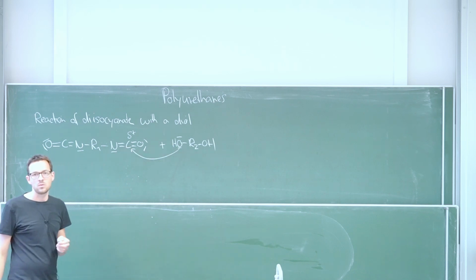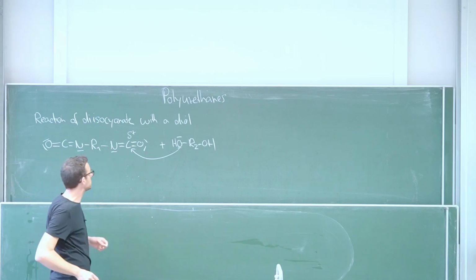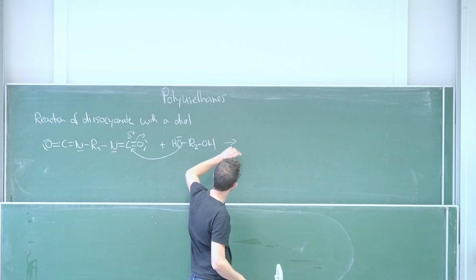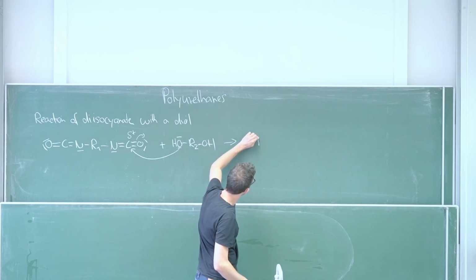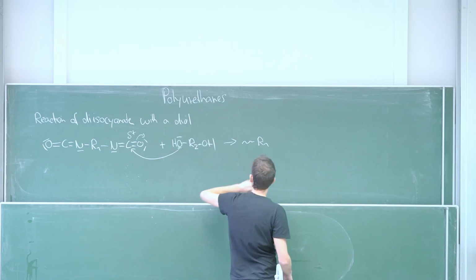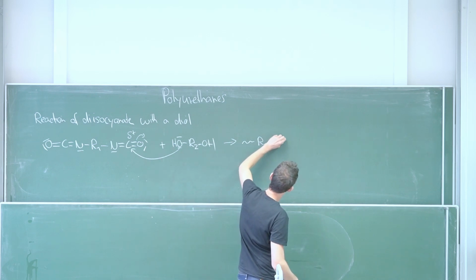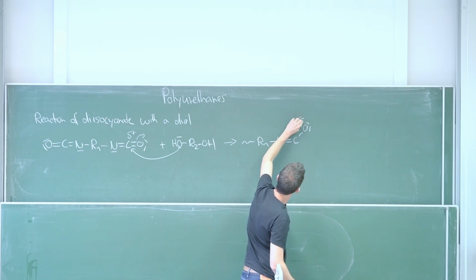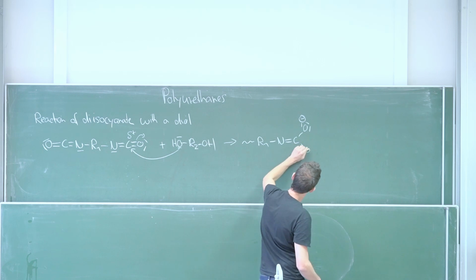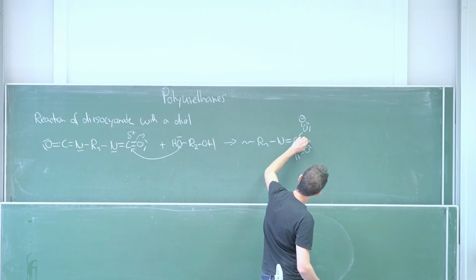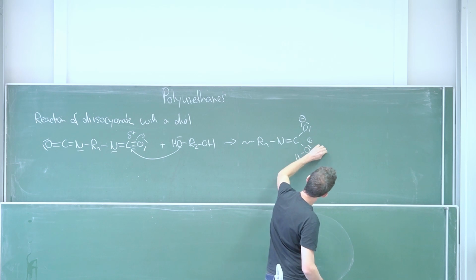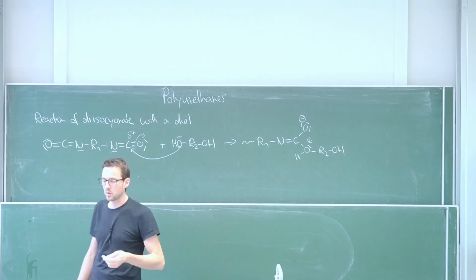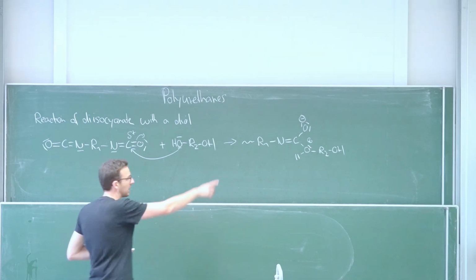This will first attack, and now again something needs to make way. So we can form. Now I just abbreviate this whole thing a little bit. So very similar to before in the case of polyamides or polyesters, we get this adduct.